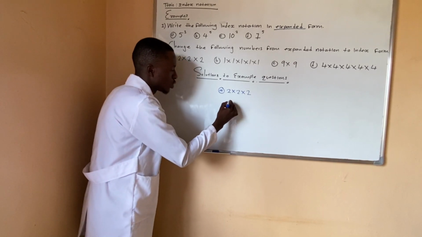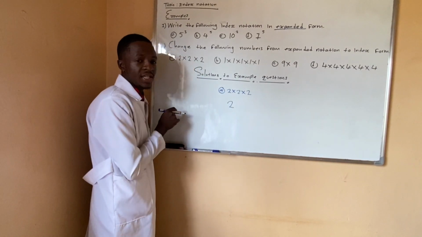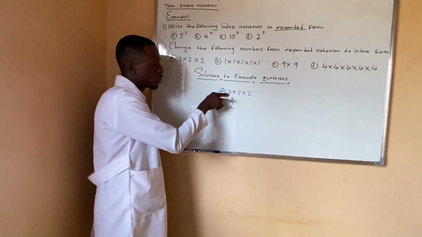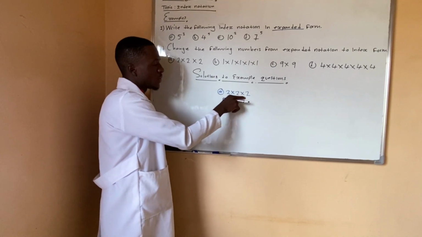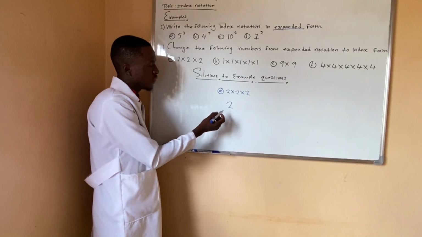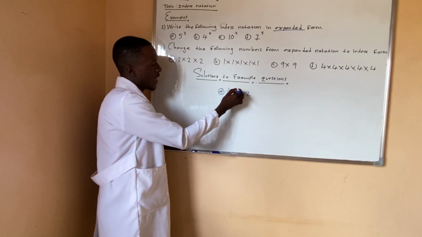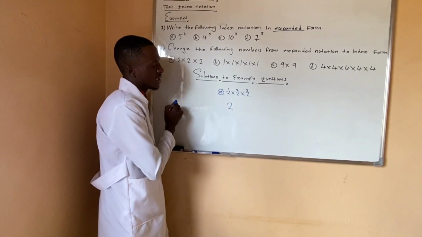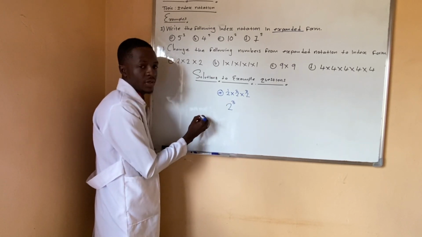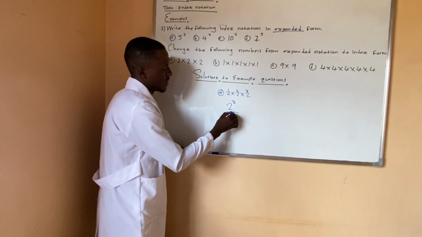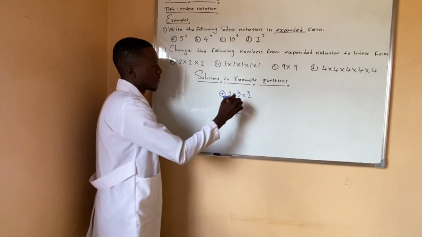So I'm going to write 2. Since 2 is the only number here, I'm going to say 2 appeared how many times? Or you say 2 was multiplied how many times by itself? I'll start counting. 1, 2, 3. So what will be my power here? My power will be 3. Then I'm done. Very simple.